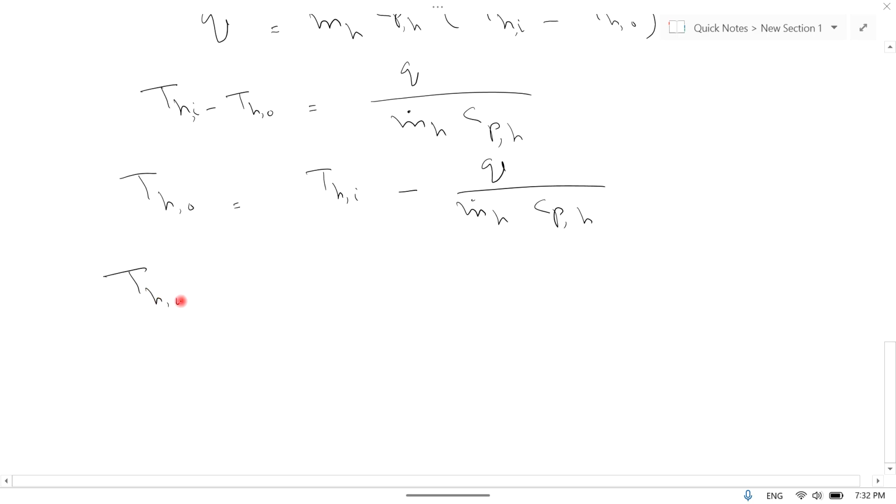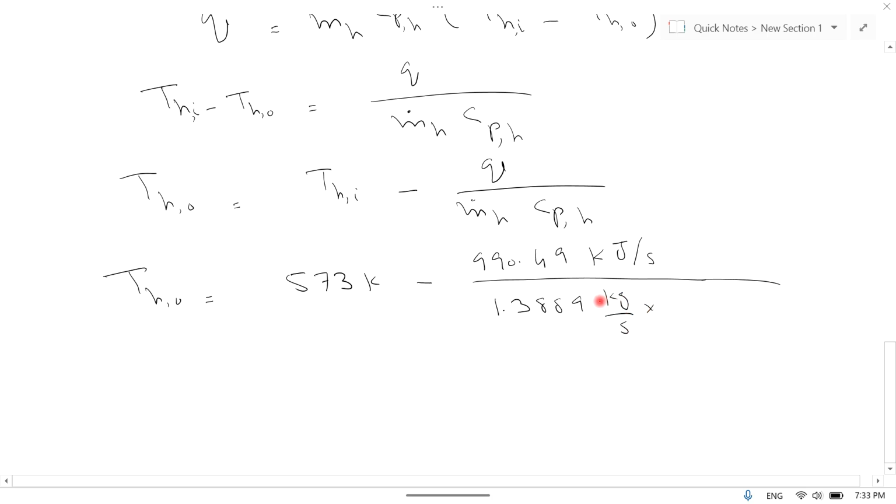So the temperature of hot water outlet is equal to the temperature of hot water inlet, which is 573 Kelvin, minus the value of Q calculated by us, 990.49 kilowatt, watt is equal to joule per second, divided by m dot h, the mass flow rate of hot water, which is 1.3889 kilogram per second, and the specific heat capacity of hot water from the book is 4.66 kilojoule per kilogram per Kelvin.